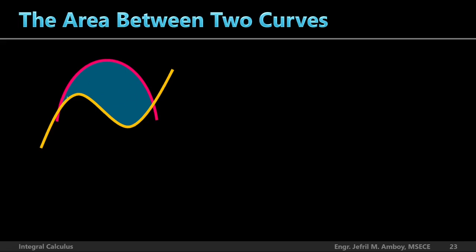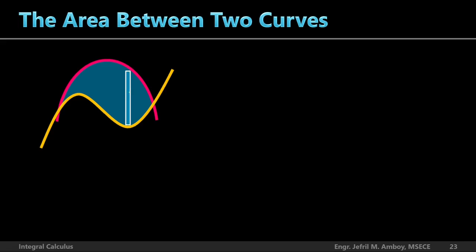Now, to get the area of this closed region bounded by these two curves, kagaya ng ginawa natin sa previous topic, gagamit tayo ng isang differential area element. Now, dito, gamit tayo ng isang vertical differential area. Yan yung tinatawag na strip, a vertical strip. And this strip has dimensions. Ano ang kanyang length?